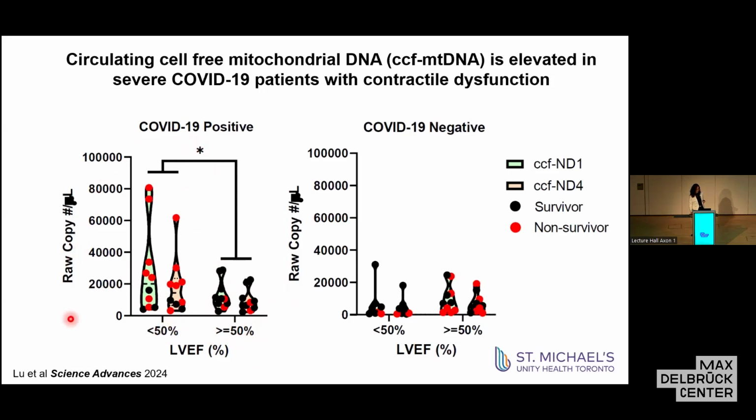We see that patients with compromised contractile function who are COVID positive have very, very high levels of free mitochondrial DNA. And interestingly, all the red dots are people who didn't survive. So there are a lot of people who didn't survive in this group.